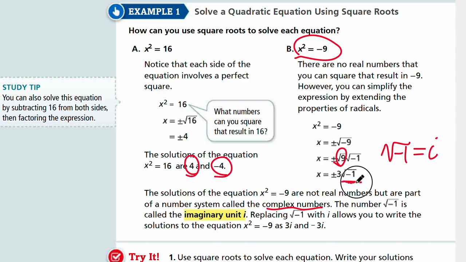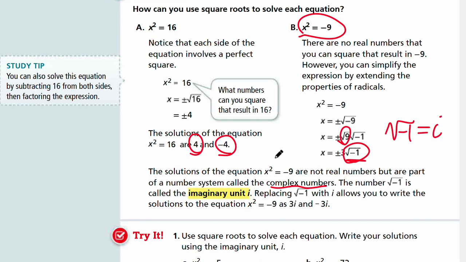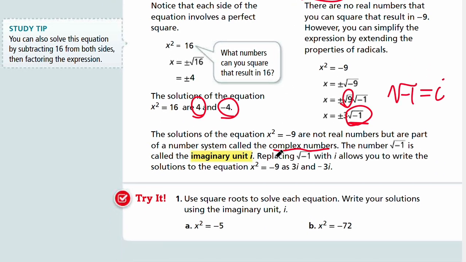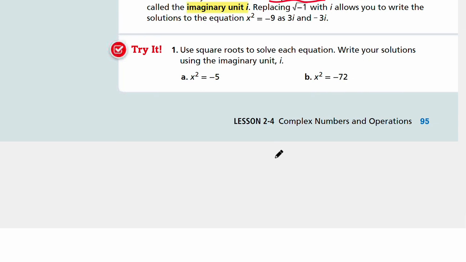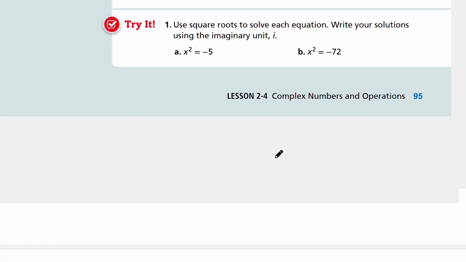So as long as you have this factor, you'll be able to rewrite it as i or -i, okay? So here, let's think about Try It number 1, A and B. Pause the video and come back when you're ready for solutions.